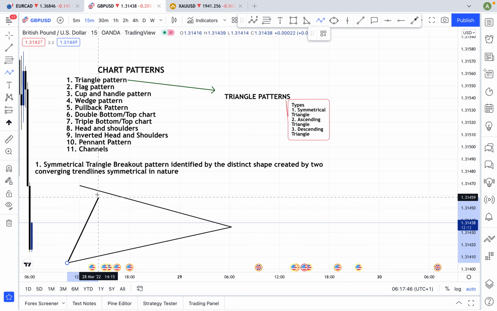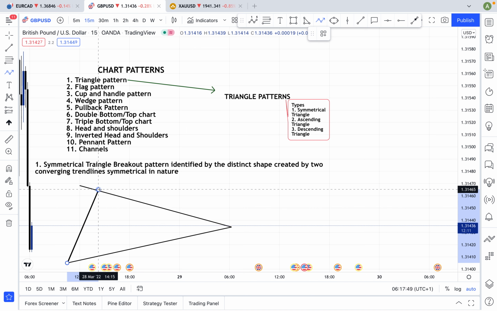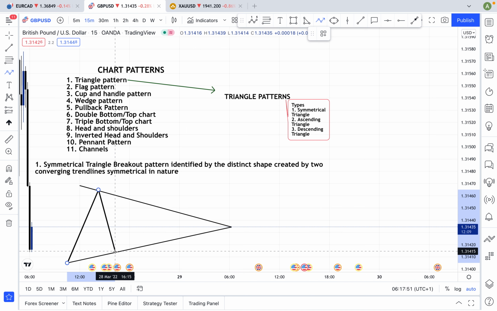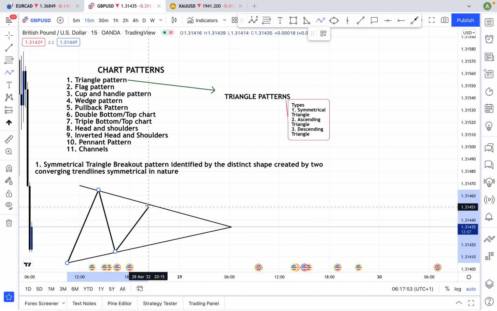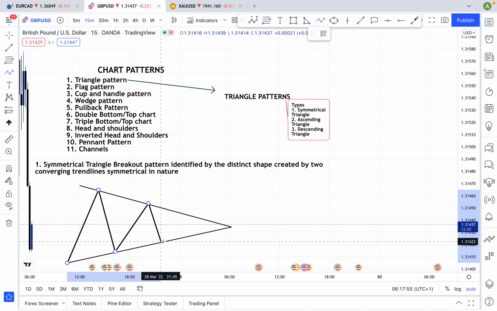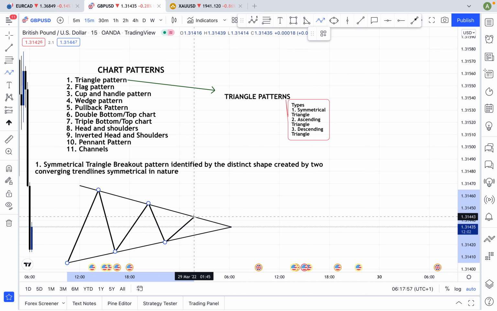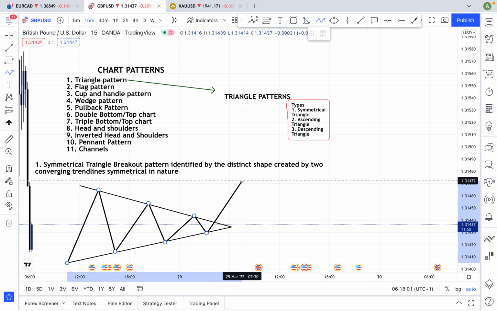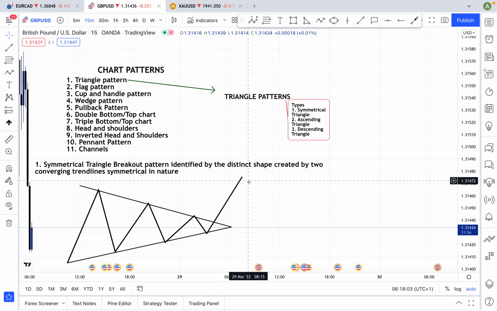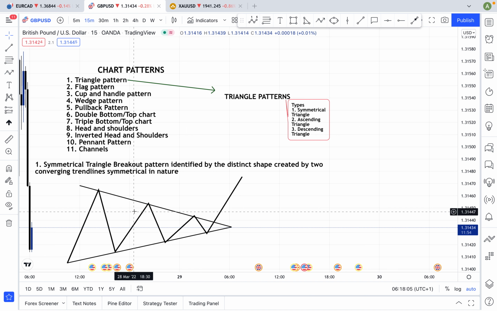Coming from here, that's a point. Then we have a point A here. We have a point B created here. We have a point C created here. We have a point D created here. Point E, and then we have the breakout to the upside. Yes, you have the breakout to the upside.